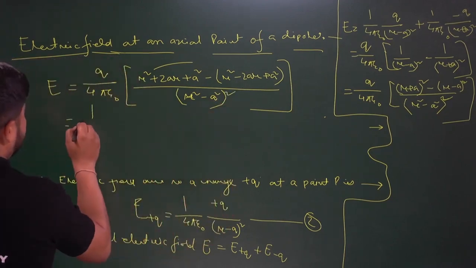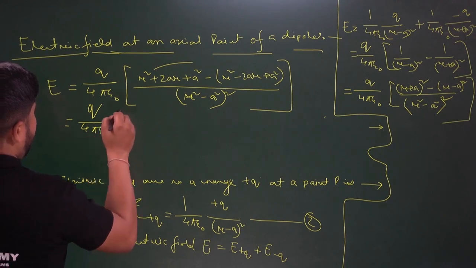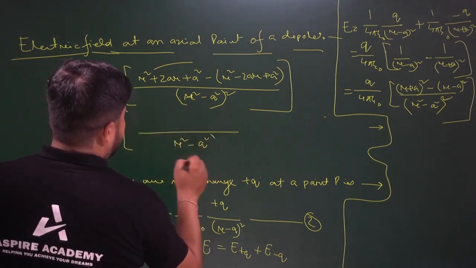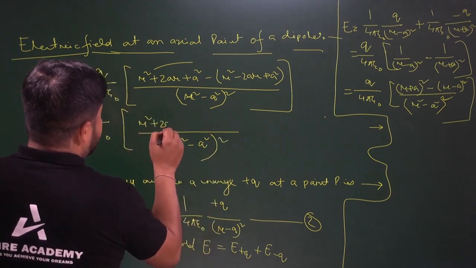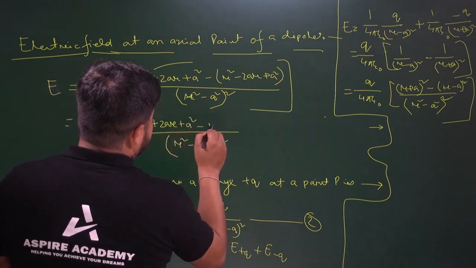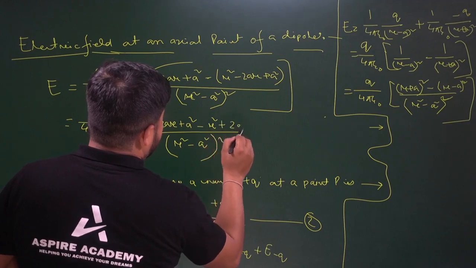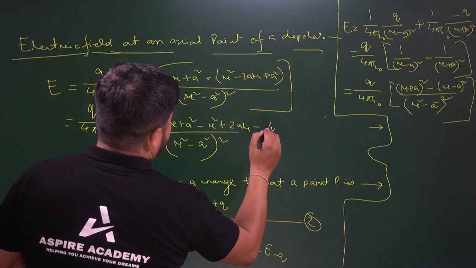After that, Q by 4 pi epsilon naught, this is only calculation, (R square minus A square) whole square, then R square plus twice AR plus A square minus R square plus twice AR minus A square.